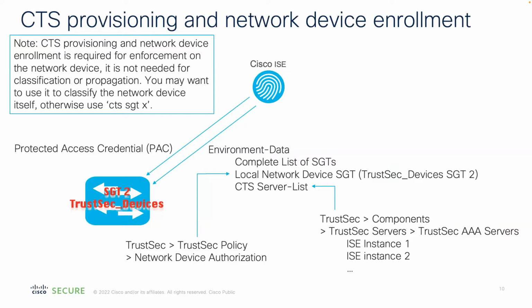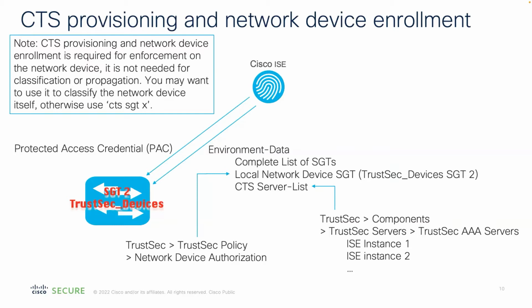But that configuration is controlled, as you see in the bottom right there, under TrustSec components, TrustSec servers, and TrustSec AAA servers. Now, the first entry in this table is always used by all the devices to download policy. If that ISE persona is not available or not contactable for any reason, then it will move to the second instance. So that's how it works.